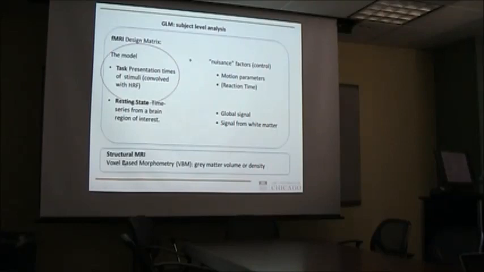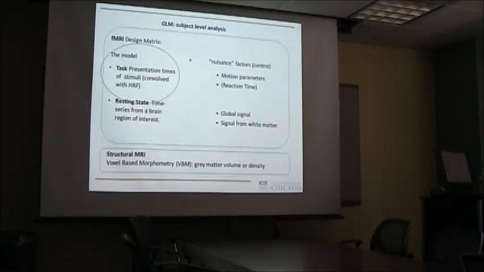A little different is if you would use structural MRI and say a voxel-based morphometry analysis, because you're not really running a statistical analysis on the subject level. Then you do need to process the data a bit, especially to do some tissue classification for your structural images.